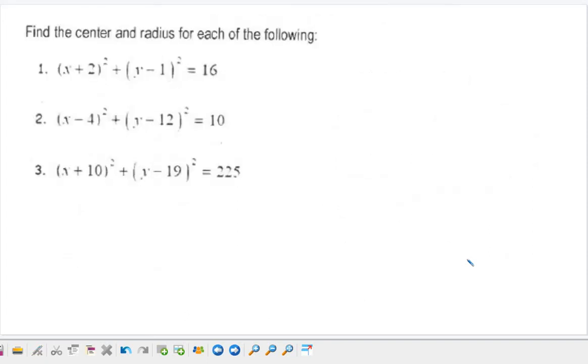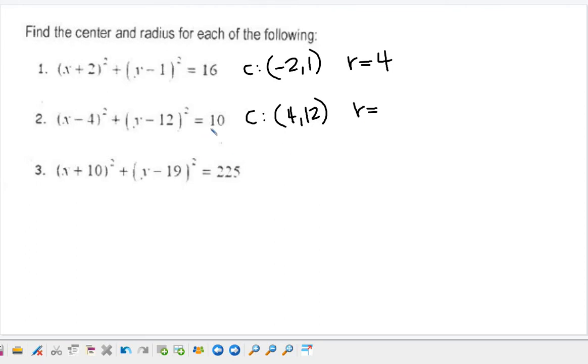So real simple, we start off with center radius form, identify the center and identify the radius. So my center would be inside opposite, so (-2, 1). And my radius is the square root of what's here, and the square root of 16 is 4. So again, center, opposite sign, so (4, 12).